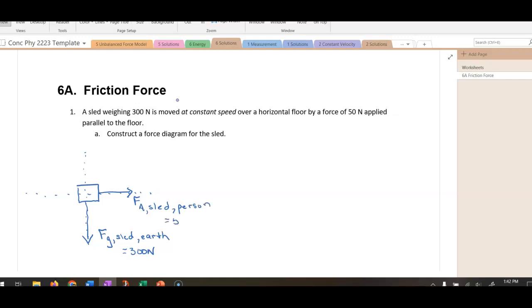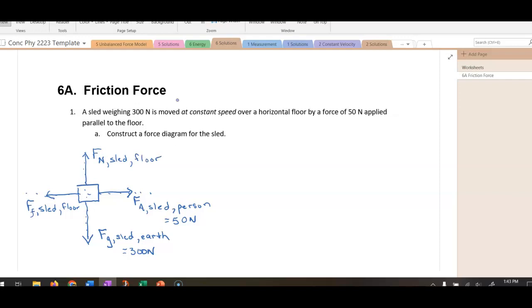And so that's 50 newtons. We're talking about friction, and so I'm going to put in a friction force. And of course, the floor is supporting the weight of the sled, and so that's a normal force on the sled by the floor.